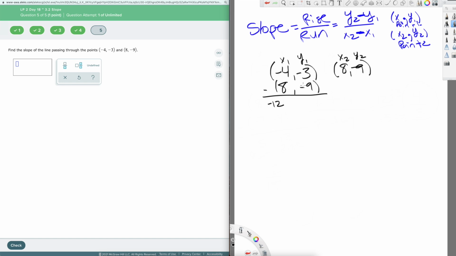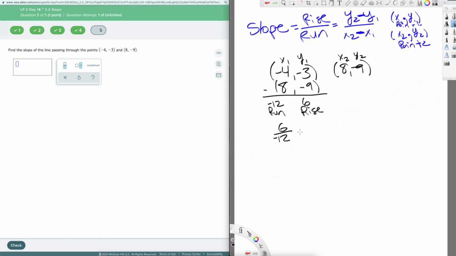-3 minus negative. Now here minus negative, there's 2 of them, so that's going to be a positive. So that's the only tricky thing here: make sure you're applying that negative. If it is a negative, it's going to flip it to a positive, basically. It's going to add. So -3 plus 9 is 6. And remember, this is run, this is your x, and this is your rise, this is your y. So I have 6 over -12.